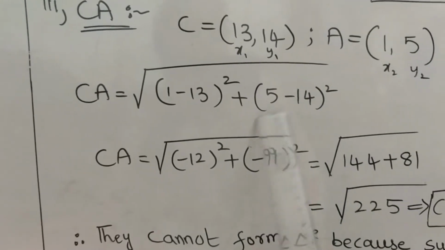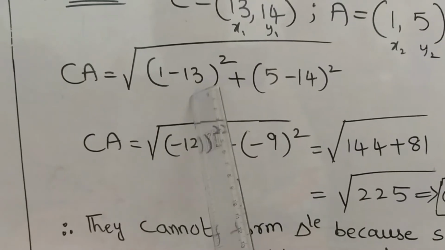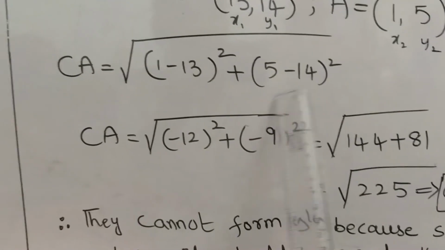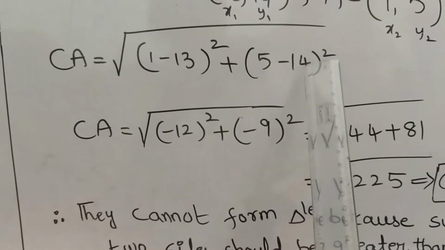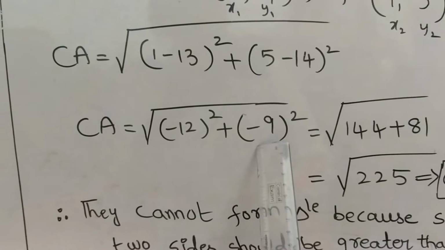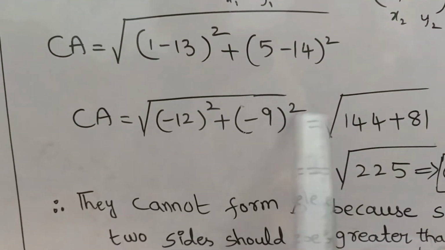So take here 5 minus y1 is 14 whole square. Now 1 minus 13 is minus 12 whole square plus 5 minus 14, students. If we remove 5 from 14, that is 14 minus 5, it will be 9. So here the bigger number is having minus, so keep here minus 9 whole square.